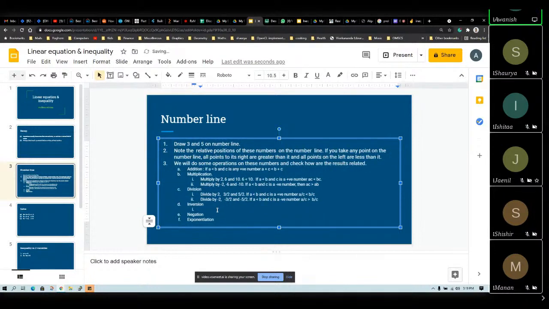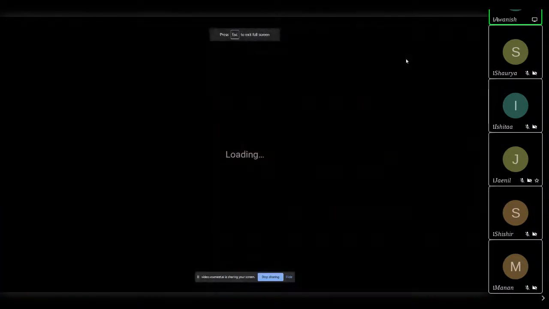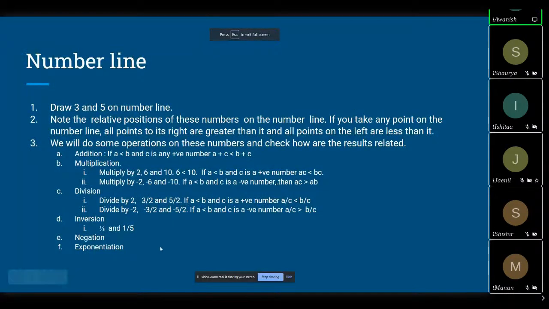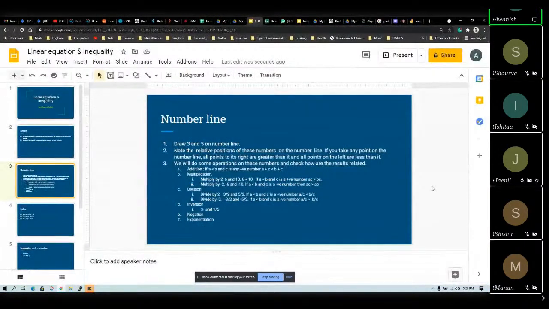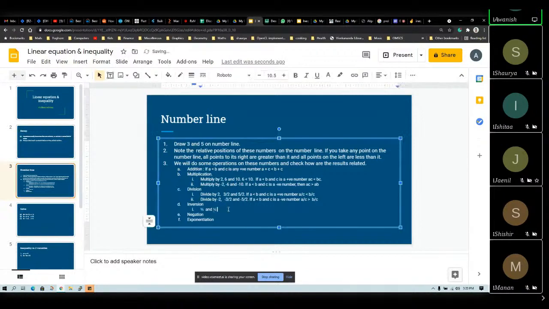How about inversion? What do you mean by inversion? That means if A was less than B, what is the relationship between 1 by A and 1 by B? So 1 by 3 in this case and 1 by 5. So 1 by 3 and 1 by 5, which one is larger?